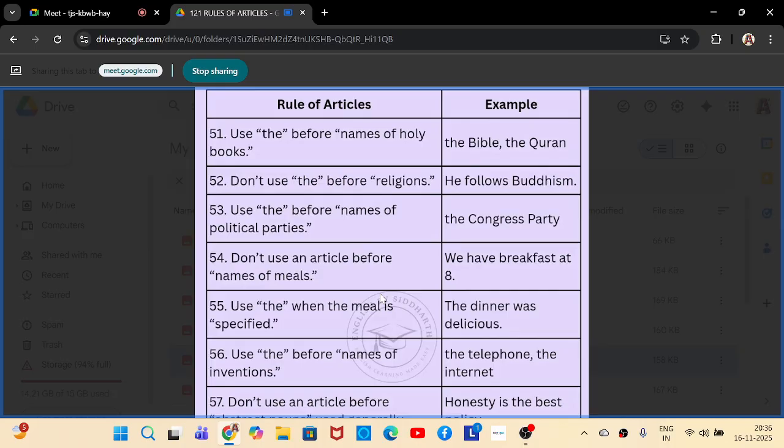So I'm not speaking about the regular dinner. I want to describe a dinner that I had on a particular day. So I'm speaking about a specific dinner. The dinner was delicious. I am talking about a specific day's dinner. All right.